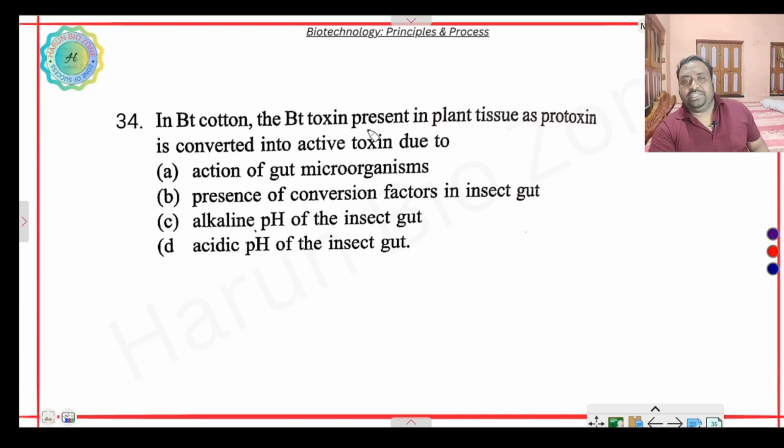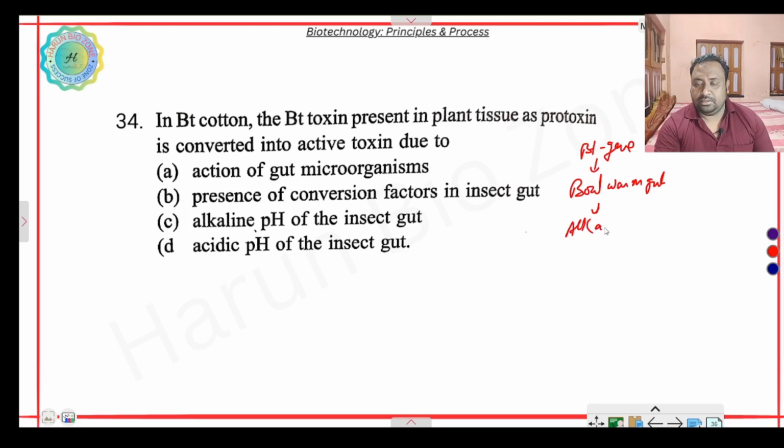In Bt cotton, the Bt toxin present in plant tissue as a protoxin is converted into active toxin. Actually, what happened? The Bt gene, in the bollworm gut, under alkaline condition, produces cry protein.